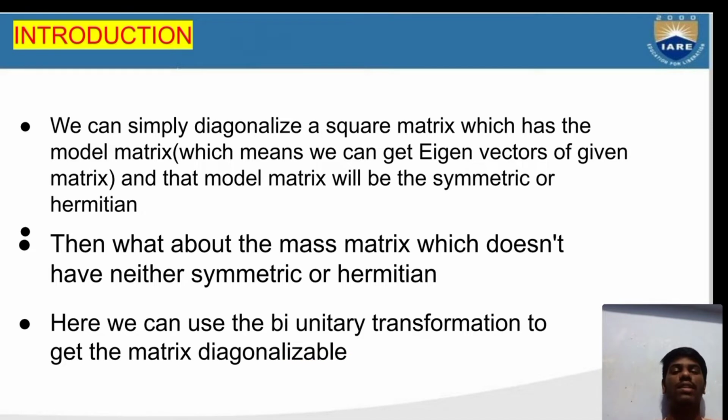The whole idea of this slide is: a simple square matrix can be diagonalized if it has a modal matrix, as when it is symmetric or Hermitian. If there is a matrix for which there is no such modal matrix, we can diagonalize that matrix by using biunitary transformations.